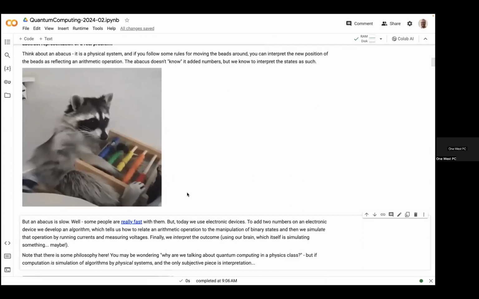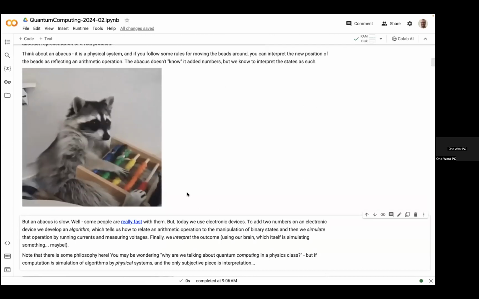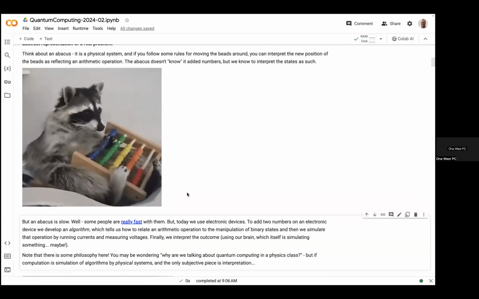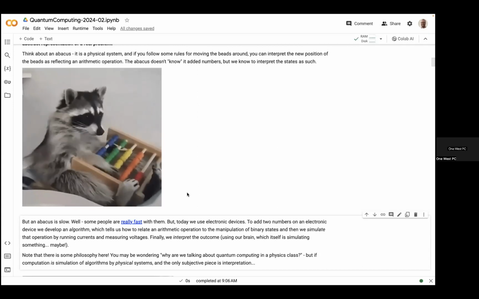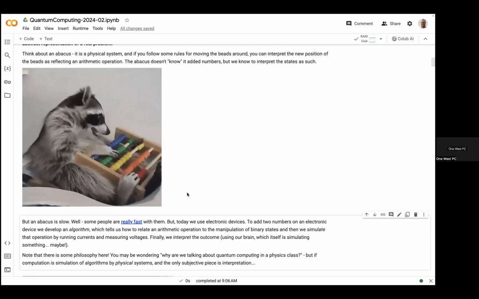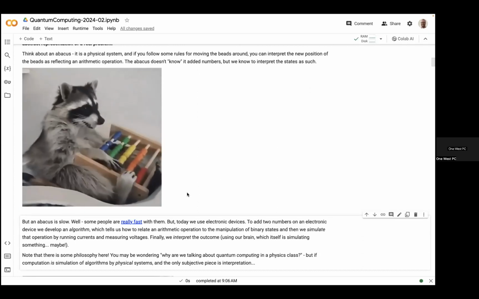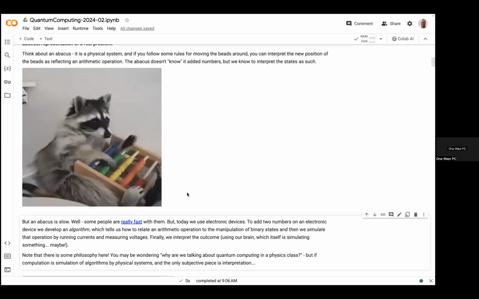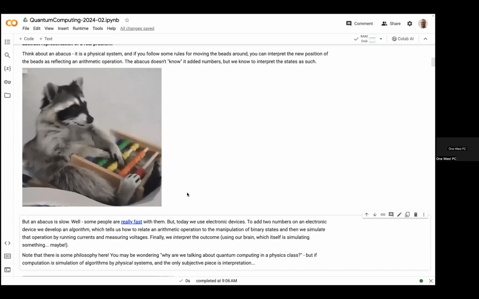It tells us how we manipulate the system to get our result. In particular, for electronic devices, we want to manipulate binary states, two-state systems, right? And then we simulate the operation by actually physically running currents and measuring voltages. We actually manipulate the physical system, right? And then finally, we interpret the outcome using our brain, which is simulating something, to get the answer, right?